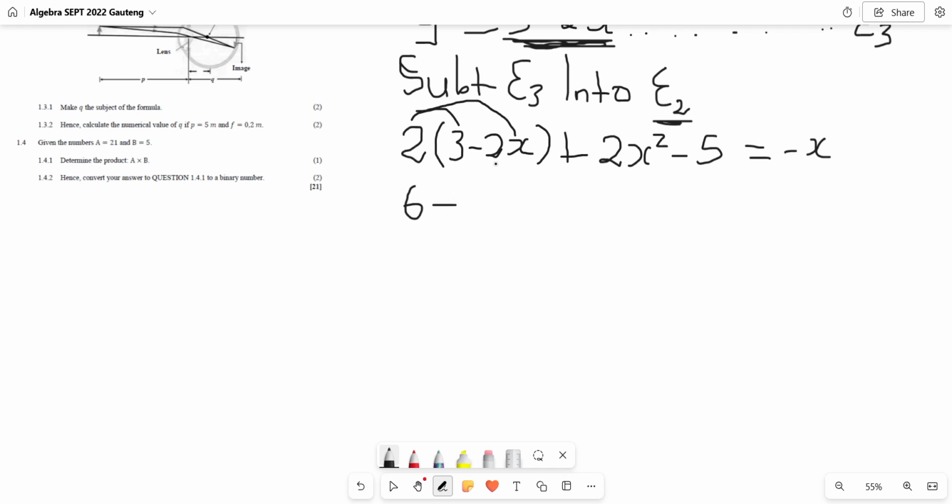Then 2 multiplied by 2 results in negative 4x. Then we have plus 2x square minus 5, that is equal to negative x.